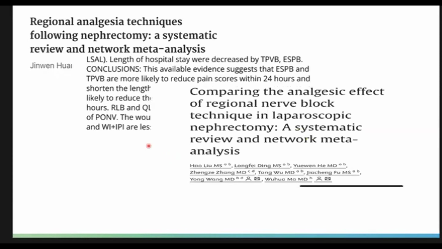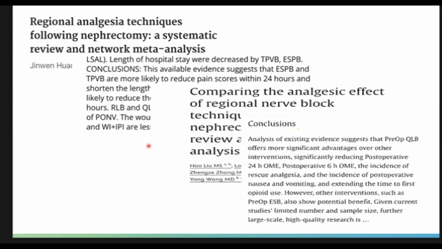Then this was another study comparing the analgesic effects of regional nerve block techniques in laparoscopic nephrectomy. This is a meta-analysis conducted by Louis et al. It stated that the analysis of existing evidence suggested that the preoperative quadratus lumborum block had more significant advantages over other interventions, and it also significantly reduced post-operative opioid consumption in 24 hours.